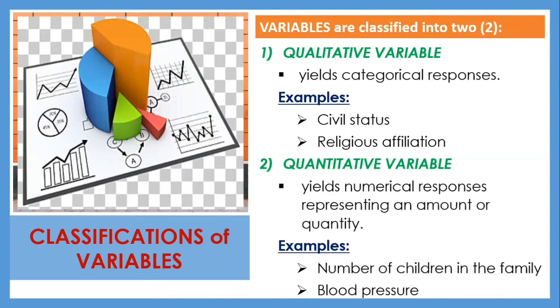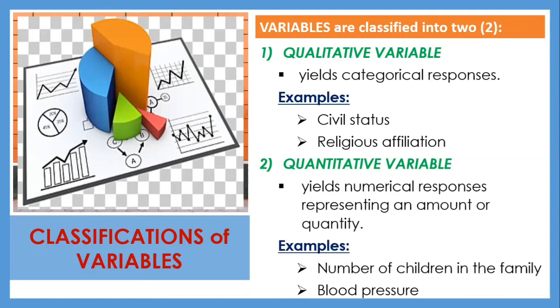So in qualitative variable, you need to always remember that we are only talking about the attributes, the characteristics of a certain person, object, and so on. We are not talking about numbers. This is not numeric in nature, okay? So that is qualitative. What about quantitative variable?